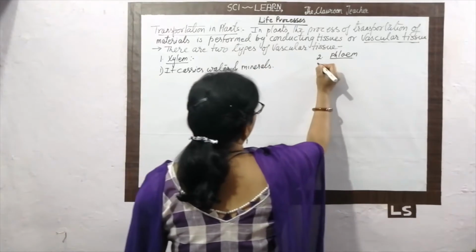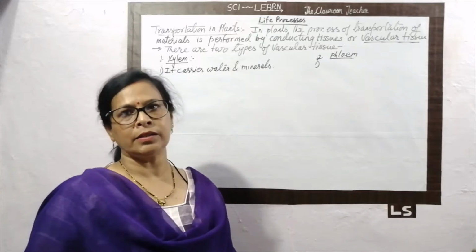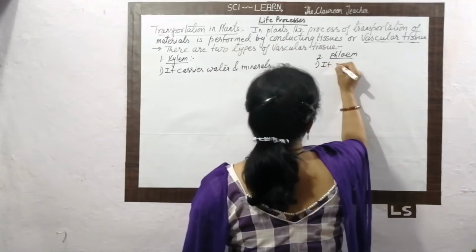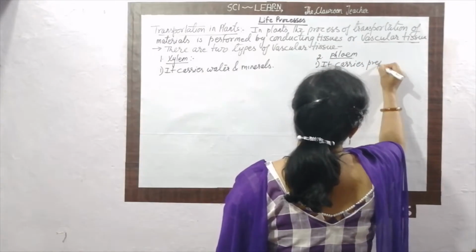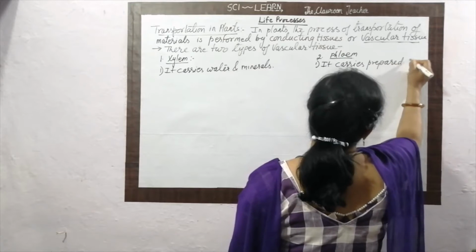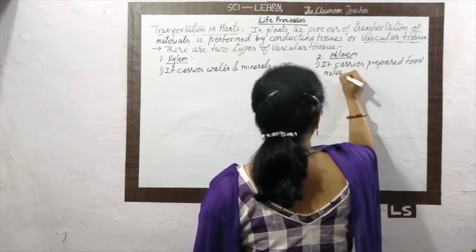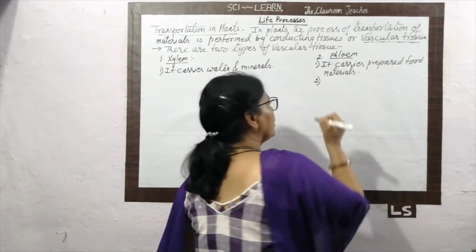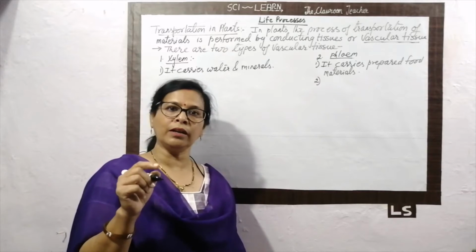And what is carried by the phloem? Phloem carries prepared food material. Now, where is food material formed? Food material is formed as a result of photosynthesis, so it is formed in leaves.